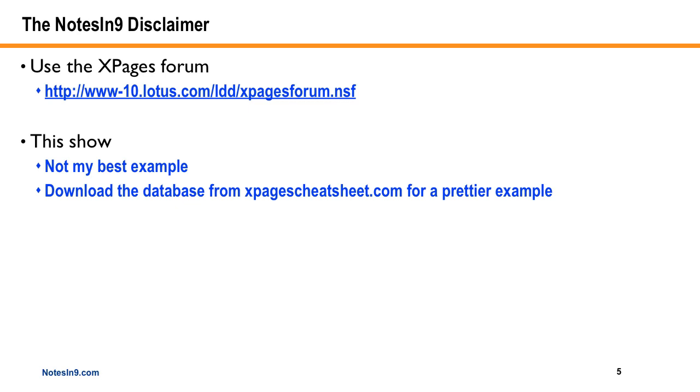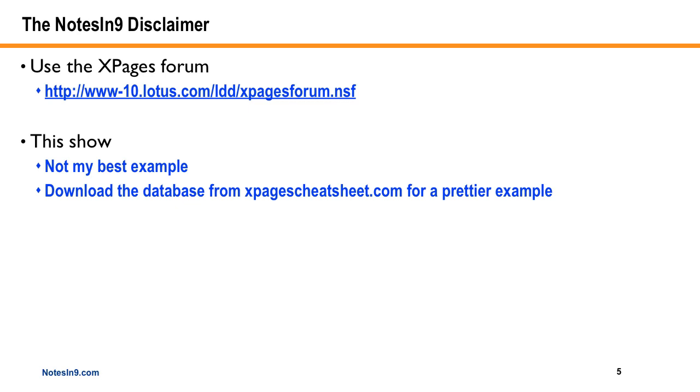This is not my smoothest show, even though it's an extended edition. In the demo, I did the work ahead of time just to make sure I could do it, but when I tried to do it in the demo, I messed up the CSS and stuff like that, so it's not very pretty. I'm not too good at CSS, and if anyone wants to come on and do some CSS tips, just let me know.